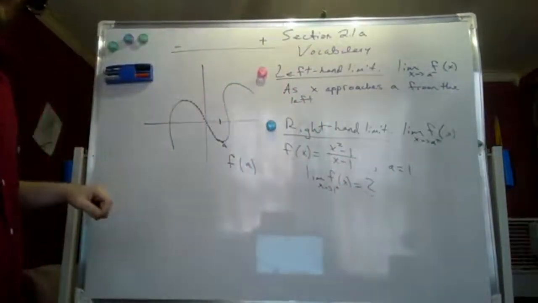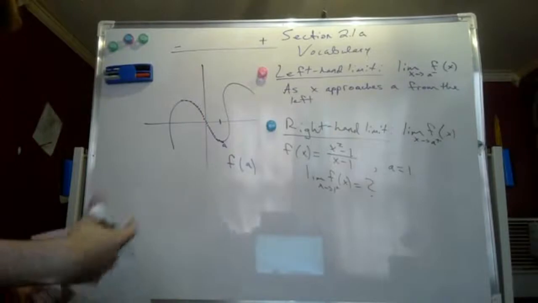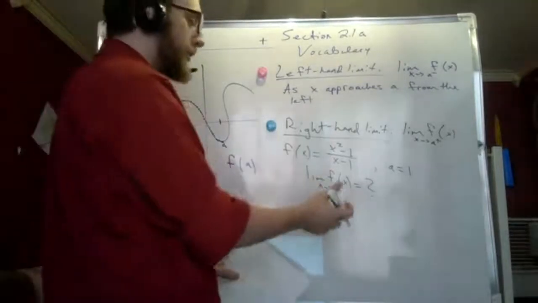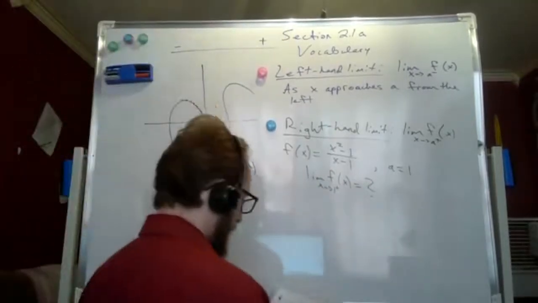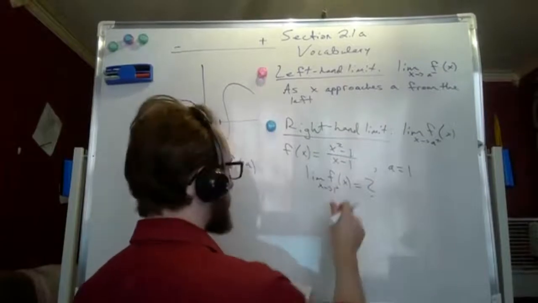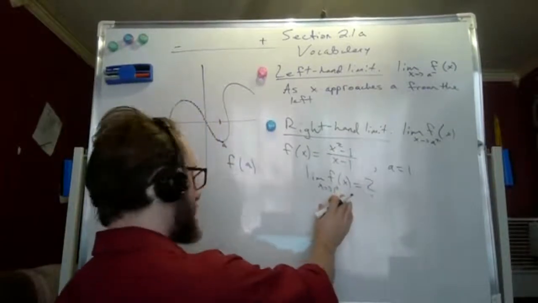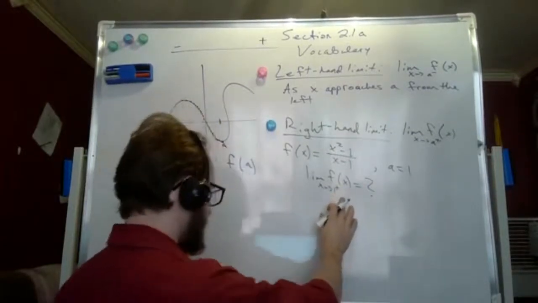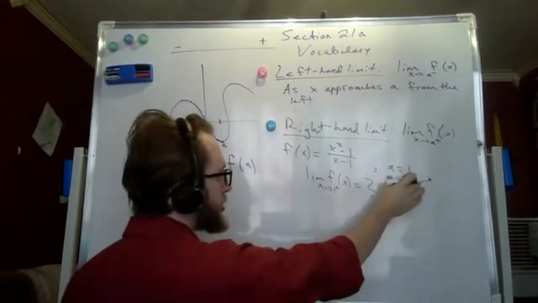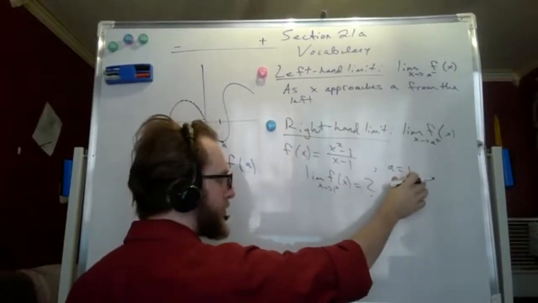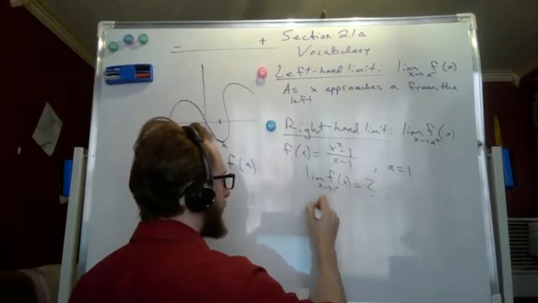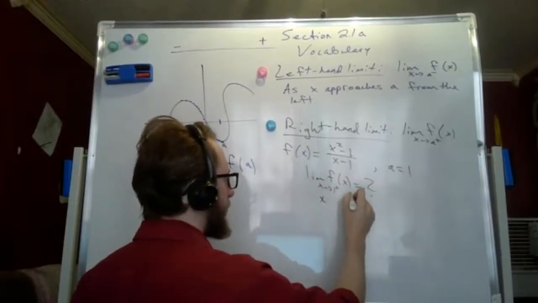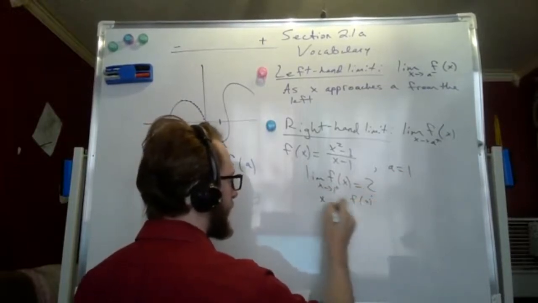So in order to do this, we can set up a little table, and you can use a calculator, or you can just plug in the numbers and figure it out for yourself. So remember, we're approaching from the right. So all we're going to do here is just plug in numbers to the right of 1 and slowly move closer to it. So I've got values of x I'm going to pick, and their corresponding f of x values.